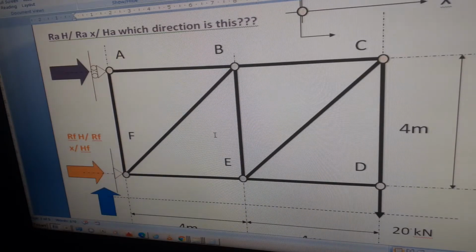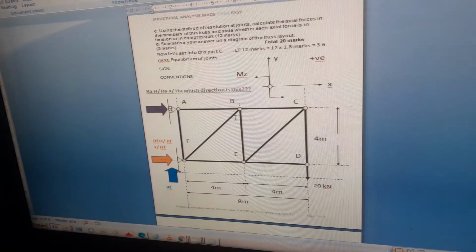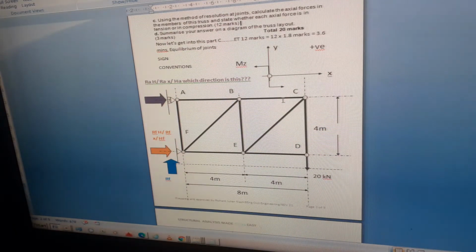So here's a diagram of the structure. We've got a 2 bay pin frame. So we found out RA. Oops, that should actually be the other way around.